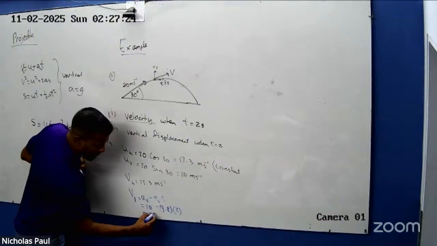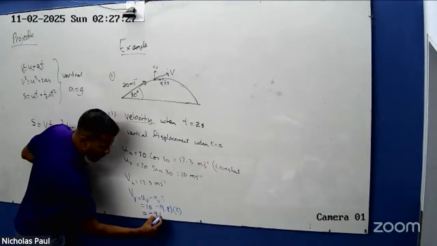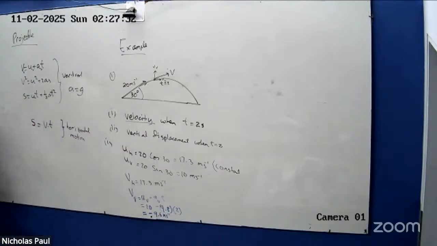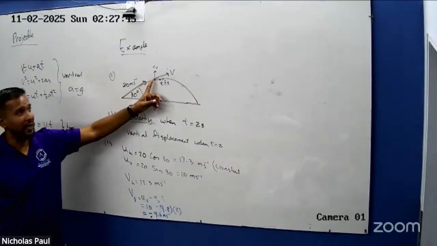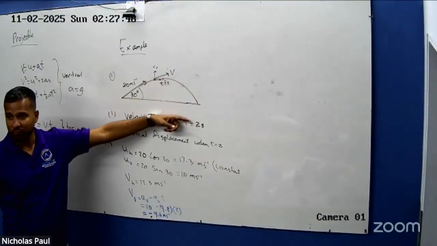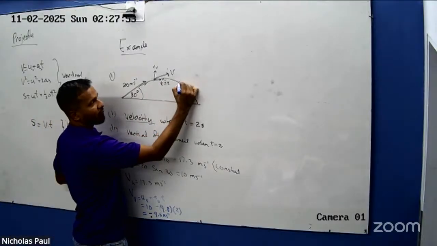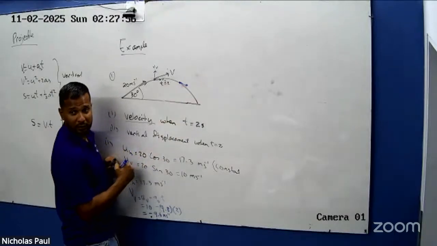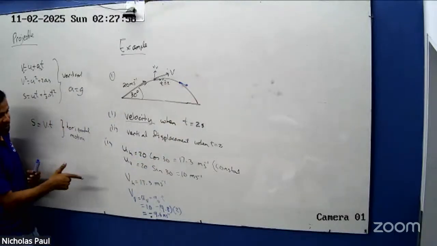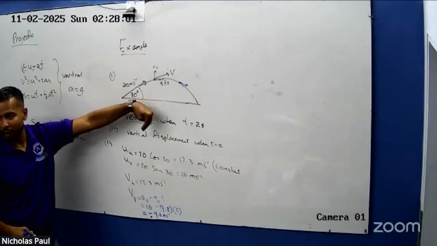Check it and make sure. Minus 9.6. Anybody get that? Everybody can tell me what a minus means? It means that the particle already passed the middle, going down. That makes sense, Nathan? So the particle is not here, it's somewhere down here. The direction changed. It's not going up anymore, it's going down.